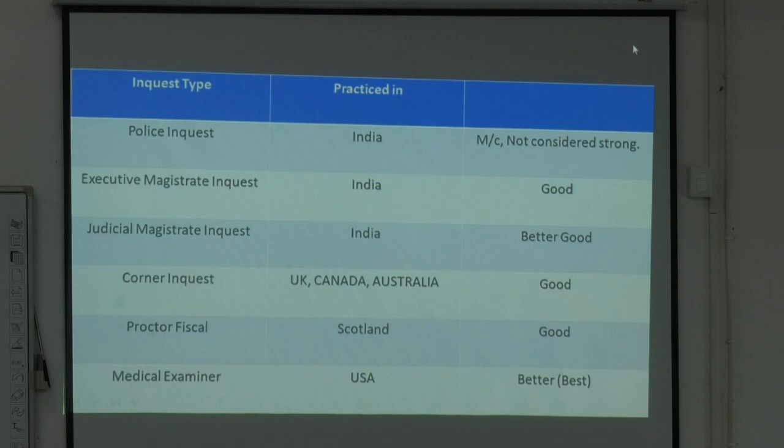Coroner inquest: all of the above three, police, executive and judicial inquest, are practiced in India. The coroner system can be good, but we don't have it, so it doesn't happen here. It happens in the UK, Canada and Australia. The same thing happens in Scotland, and the medical examiner system happens in the United States.